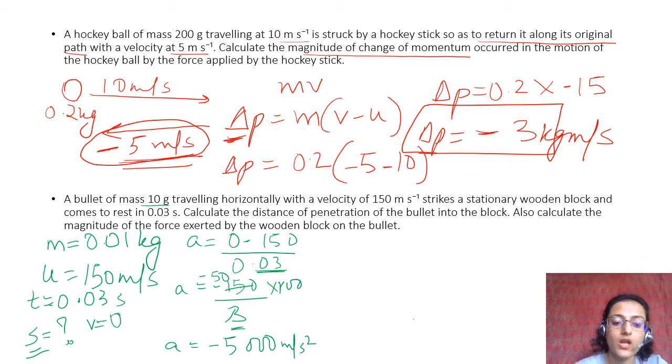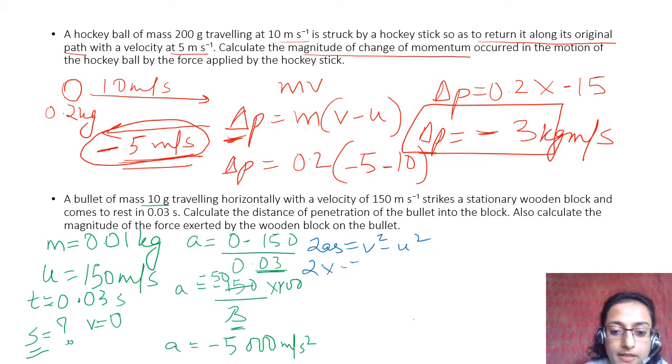Okay. Now when there is such high velocity and negative acceleration, for the distance covered, S, you can use either formula. You can use s is equal to ut plus half at square, but you can also use v square minus u square is equal to 2as. I prefer the second formula always. So 2as is equal to v square minus u square. 2 into acceleration minus 5000 into S is equal to v square is 0 minus u square, 150 meter per second.